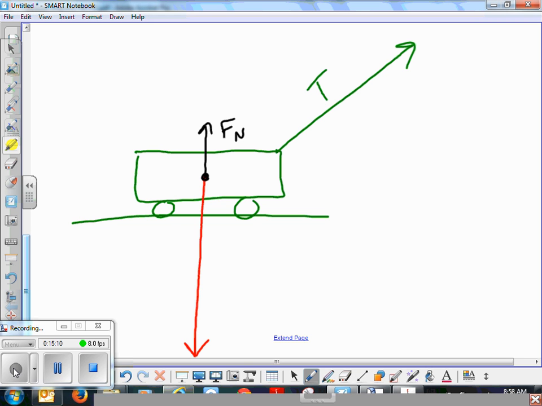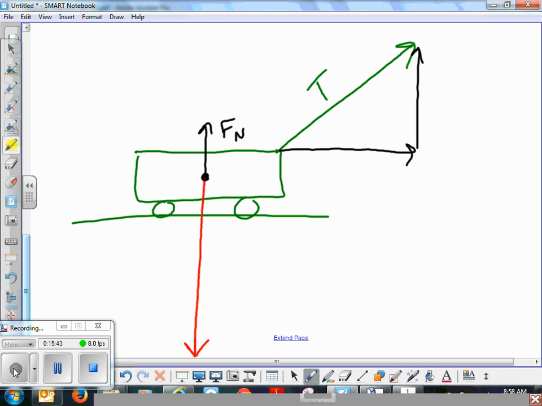So if we split this into vectors, this is going to be the accelerating part of tension, but this part of tension is pulling up on the wagon, making it easier for the ground to keep it up. Does that make sense? If I pull hard enough, kids are going to be flying out of the wagon, because I'm going to pull it like it's going to get airborne. Have you ever done that to your little brothers and sisters? Oh my. I didn't expect you to say yes.